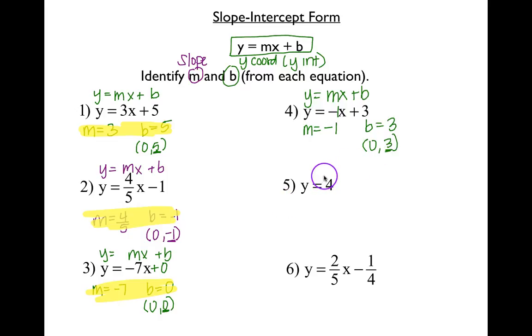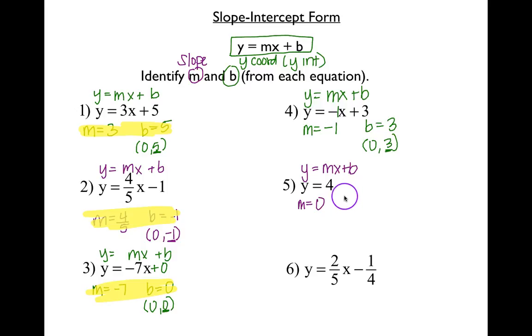Now here, number 5, I told you, number 5 is going to be a little tricky. So here, just to remind myself, I'm going to write down y equals mx plus b. So here, what is slope? Slope is your coefficient. So notice here, we don't have a coefficient. So what does that mean? Our slope is 0. Okay, so what about my y-intercept?